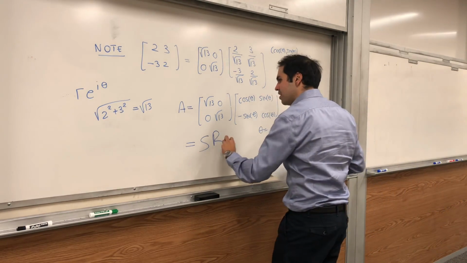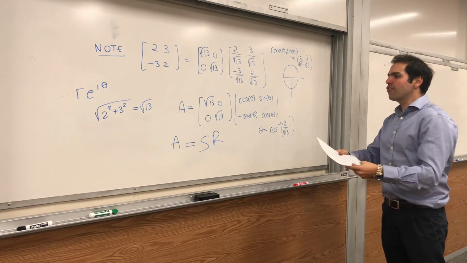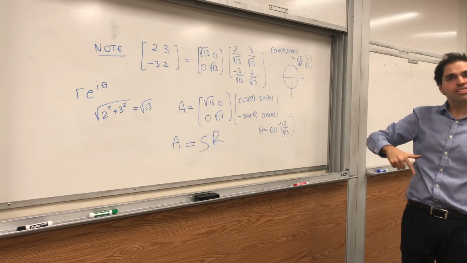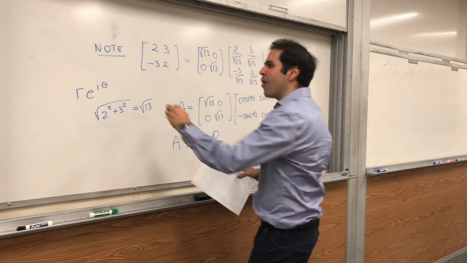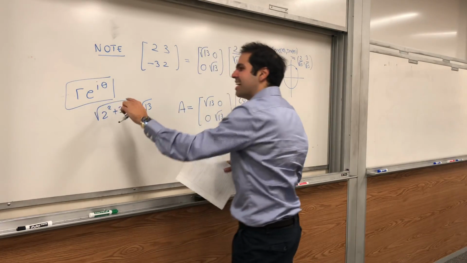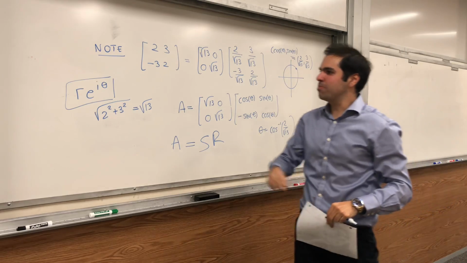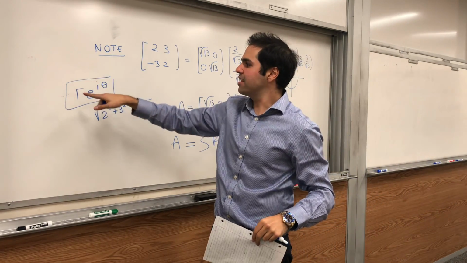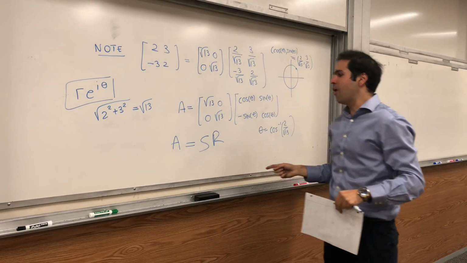So A is actually a composition of a rotation matrix times a scaling matrix. And that should remind you a lot of r e to the i theta, because that's also what r e to the i theta does in the complex plane. It rotates a complex number by theta, and it scales it by this factor of r.